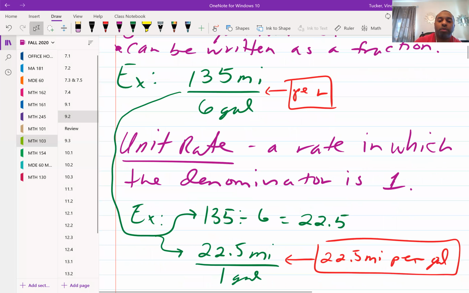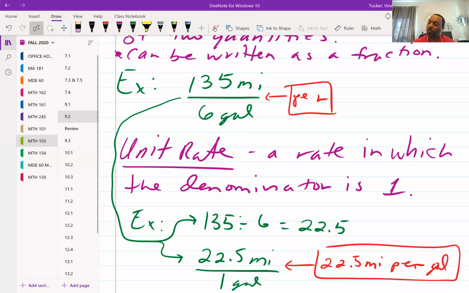So that would be 22.5 miles for every 1 gallon, or in other words, 22.5 miles per gallon. All right, any questions?